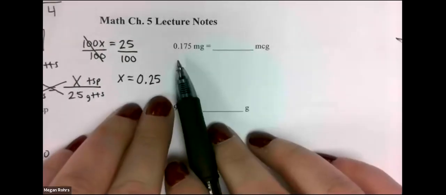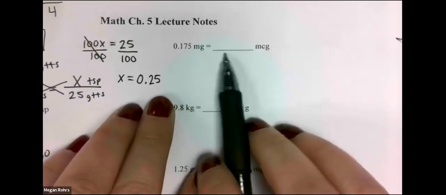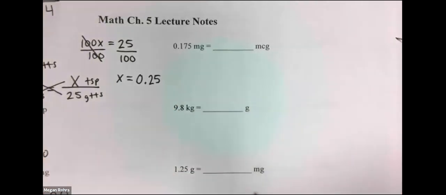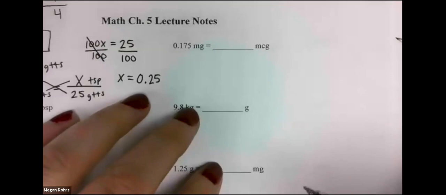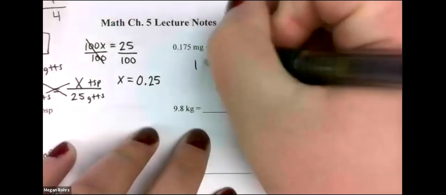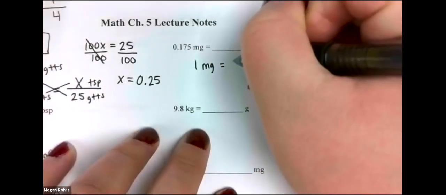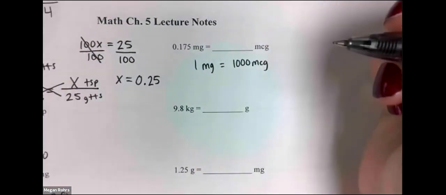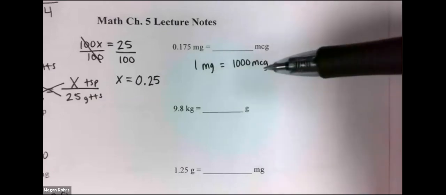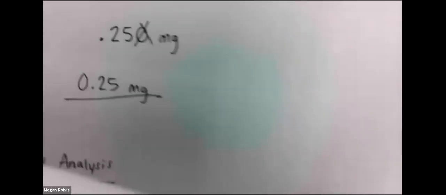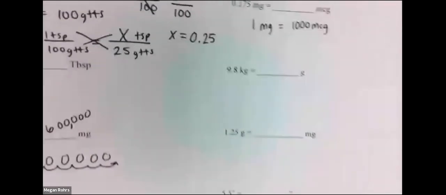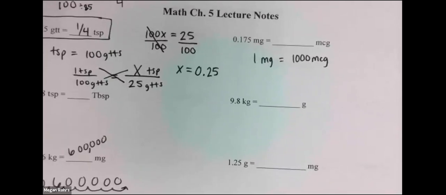0.175 milligrams equals how many micrograms? Well, if you look at your chart, you can see that 1 milligram equals 1,000 micrograms. Now, usually with metric units, I like to use that number line, but let me just show you this example with dimensional analysis.